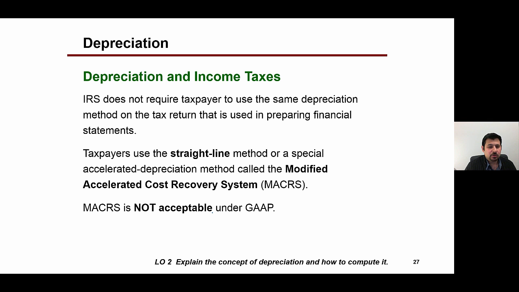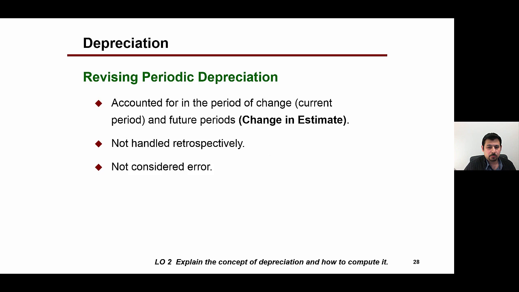So companies cannot use the modified accelerated cost recovery system under GAAP. They can use the straight line method, or they can use the declining balance method or units of activity for their financial reporting, and then use a different method for their tax reporting.